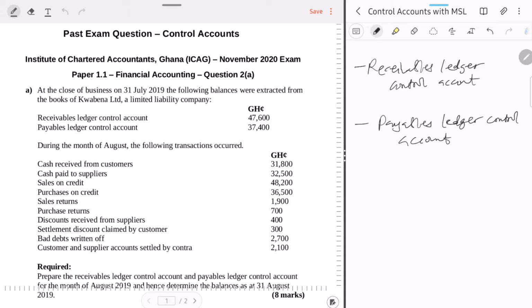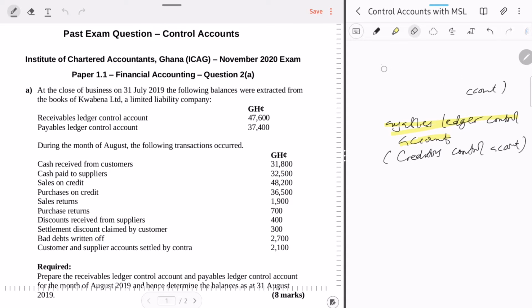Take note that some people call the receivables ledger control account the debtors control account, and some call the payables ledger control account the creditors control account. So in an exam, if you see debtors control account or creditors control account, just know it's the same thing. Enough of all of this, not too relevant for us now.